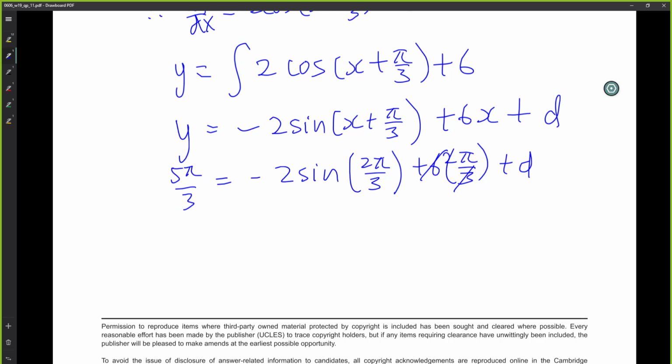The calculator actually gives me some decimal, but just in case I want to live in exact form, I will not use the calculator. So I will just use the 5 pi over 3 minus 2 pi. I get negative pi over 3.